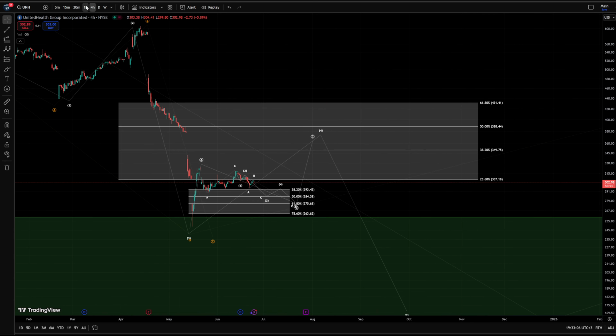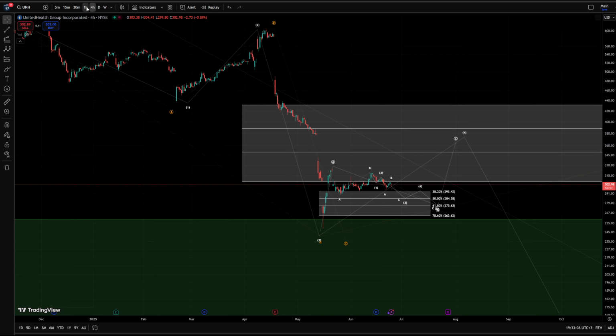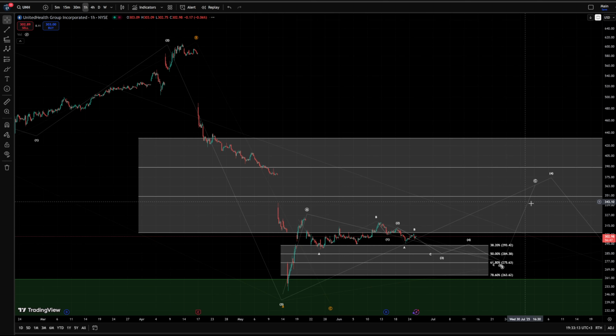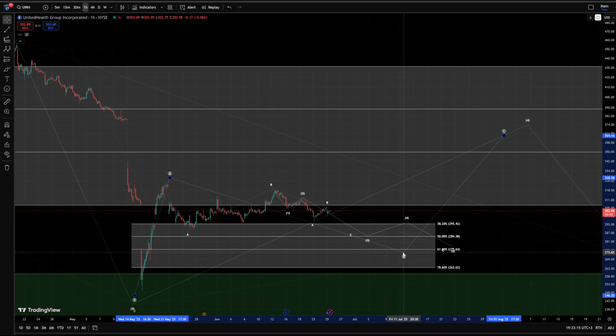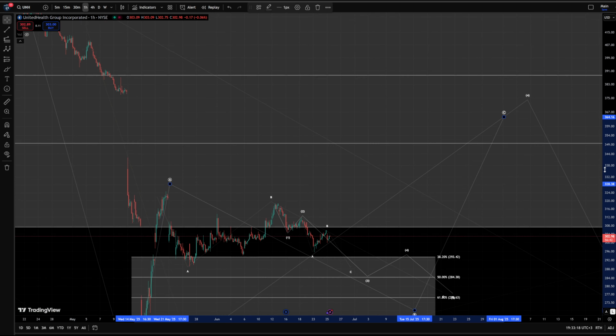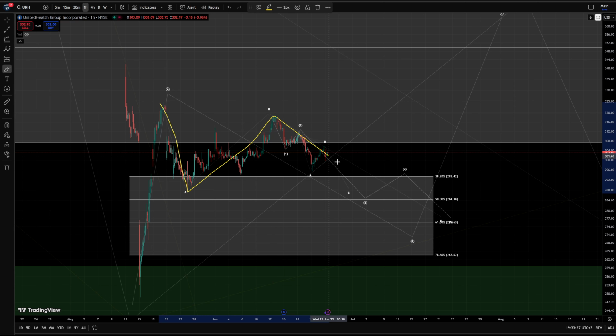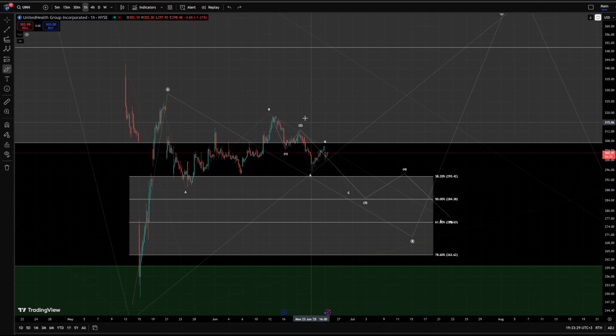But we had something that looks somewhat impulsive to the upside here in wave A, and then we started a correction, in which we have a wave A complete, a wave B complete, and now we are working on the C wave. In the last video we were around somewhere in this area, and we were considering whether we finished this wave 2 or not.